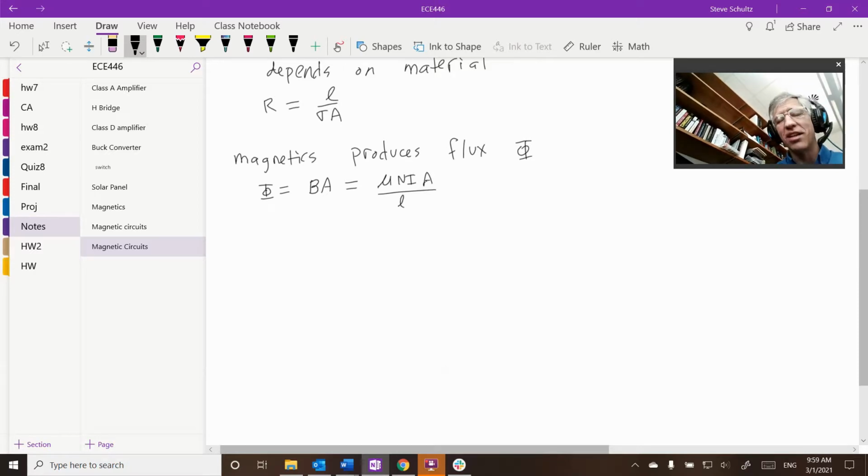And the length would be the length of the solenoid or the length around the toroid. Okay, so if we reorder this, we want the Ni, which was our magnetomotive force, and then we multiply that times mu area over L, which is equal to Ni divided by L over mu area.